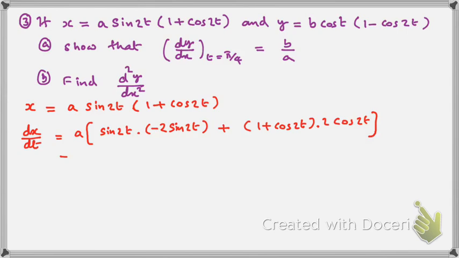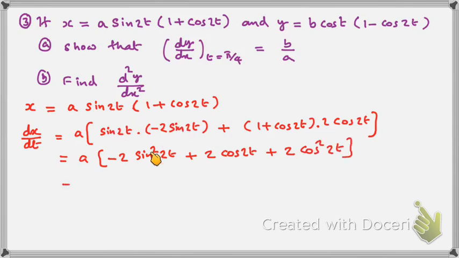Going to simplify it further. So a still stays outside. This first term is minus 2, then sine 2t into sine 2t, sine square 2t. Here when I open the bracket with 2 cos 2t, 2 cos 2t into 1 is 2 cos 2t, and 2 cos 2t into cos 2t is 2 cos square 2t.